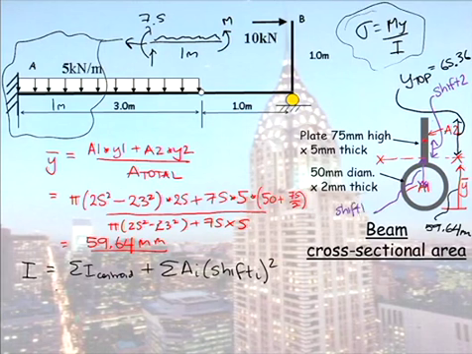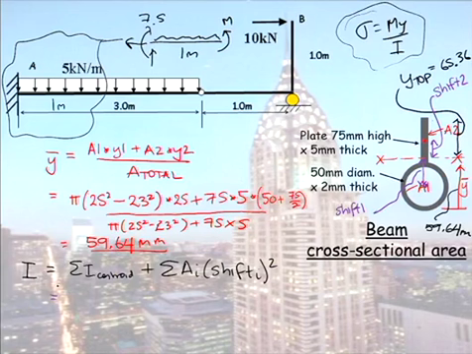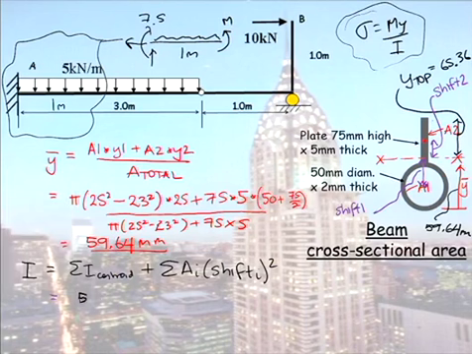So when I now calculate I as being a sum of all the I's, for the rectangular plate it's BD cubed on 12, so it is 5 times 75 cubed on 12.